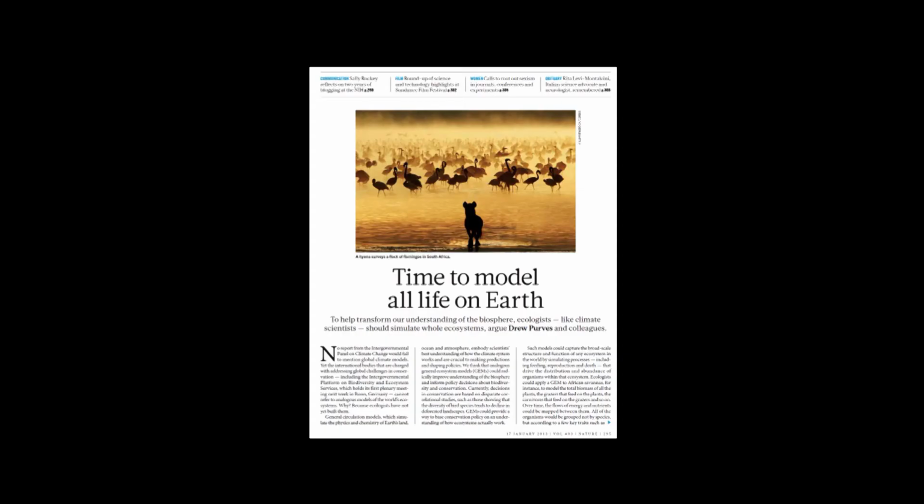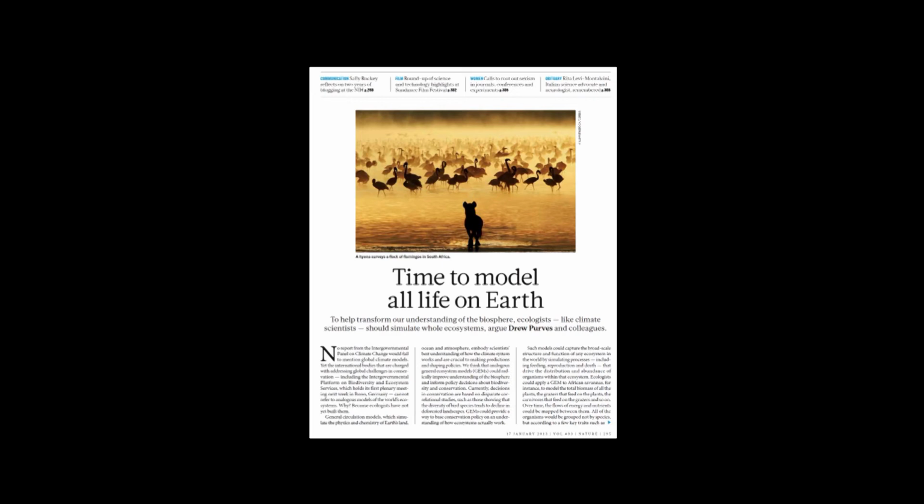But we built that model in my lab in partnership with some postdocs, both in my lab and just up the road at the United Nations World Conservation Monitoring Centre. And Drew Purvis, who's mentioned there, who's the head of the ecology group in my lab, has really led this effort. The results from this are being published in PLOS Biology on the 22nd of April.